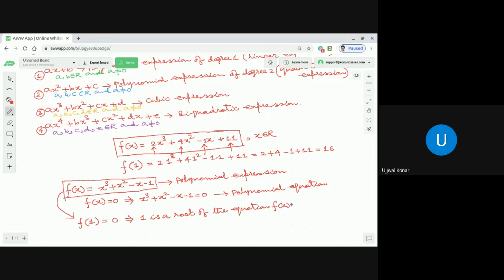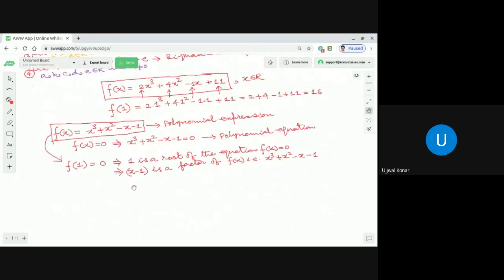Or we can say that x minus 1 is a factor of f(x), that is x cube plus x square minus x minus 1. Got it, no? Or we can say 1 is a zero of the polynomial f(x).